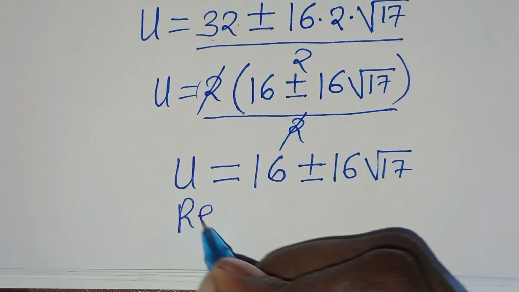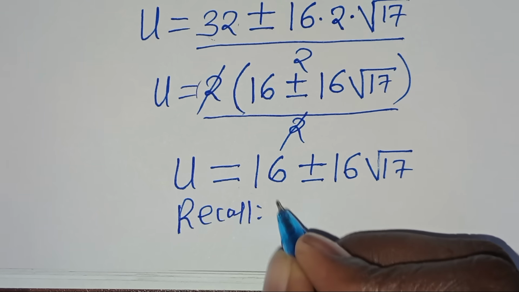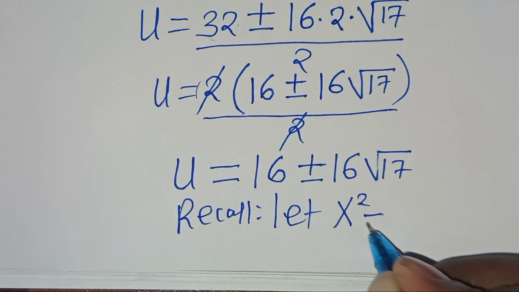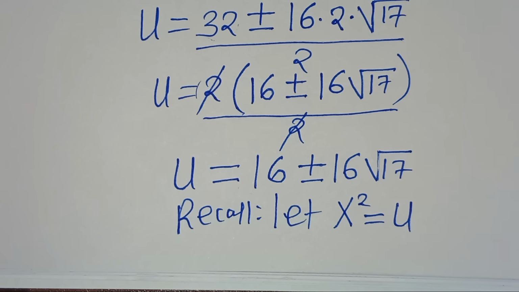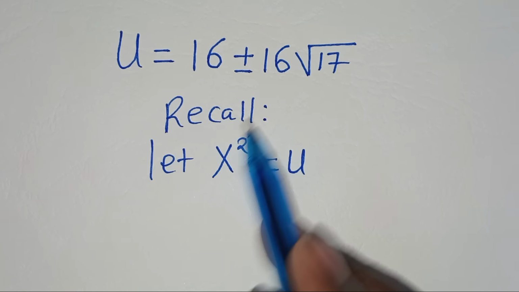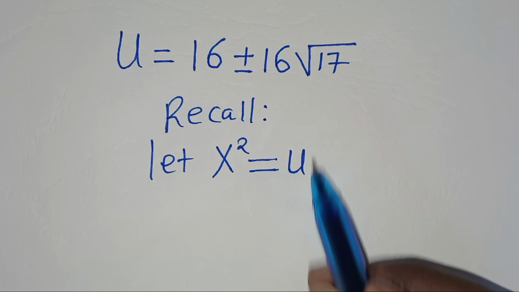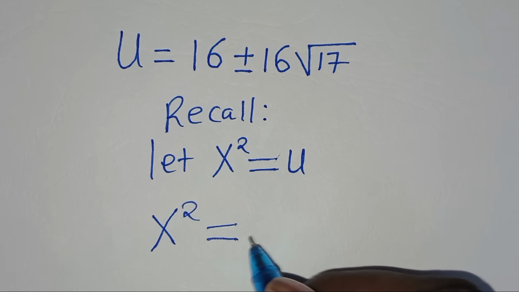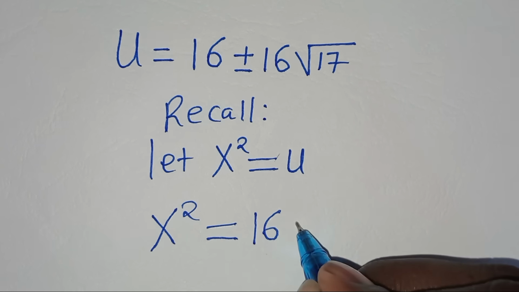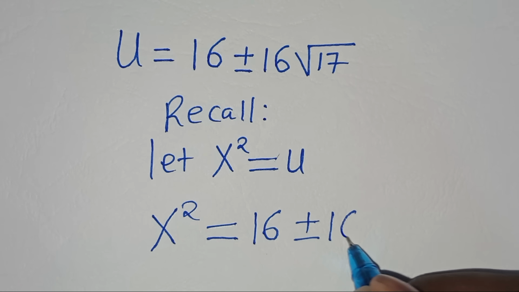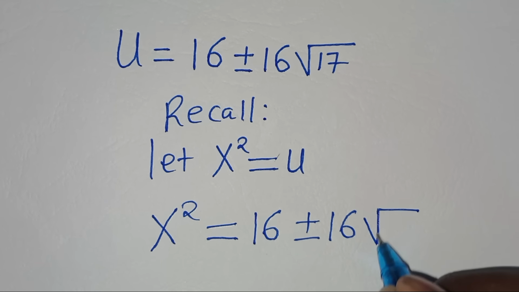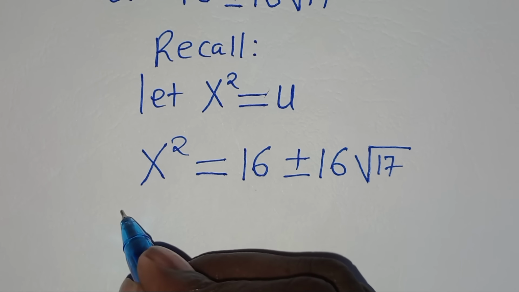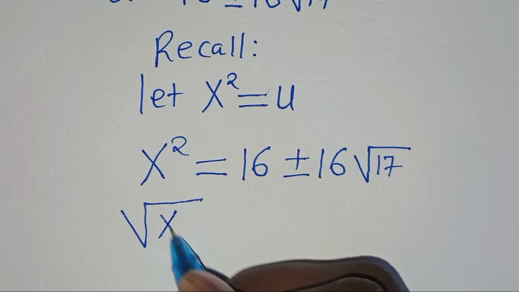Now, if you recall, we are saying that we let x squared be equal to u. So this means that x to the power of 2 is equal to 16 plus or minus 16 root 17. Now, to solve for the value of x, let's introduce a square root on both sides.